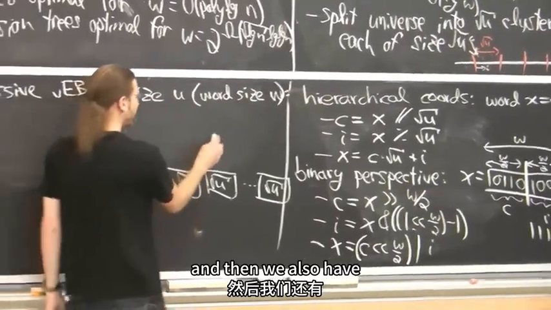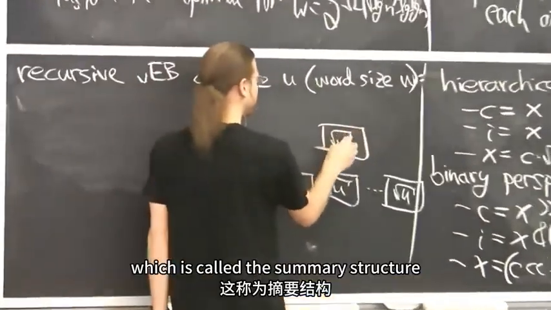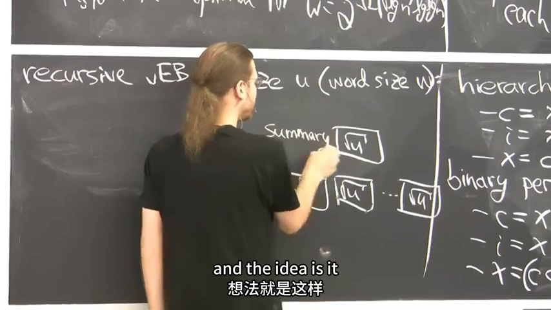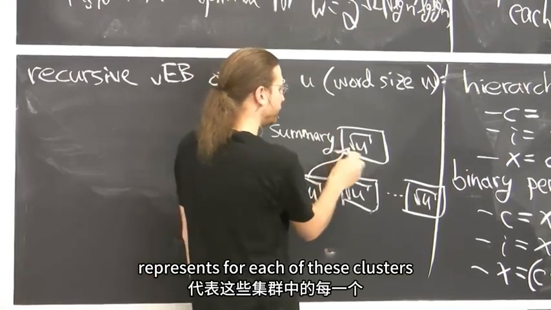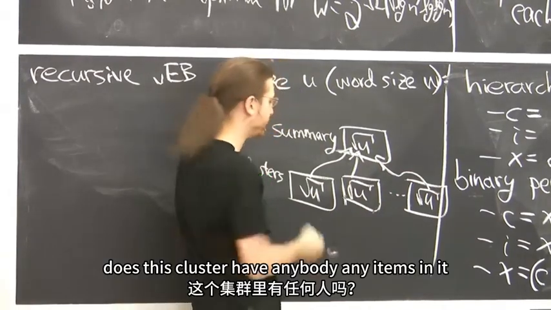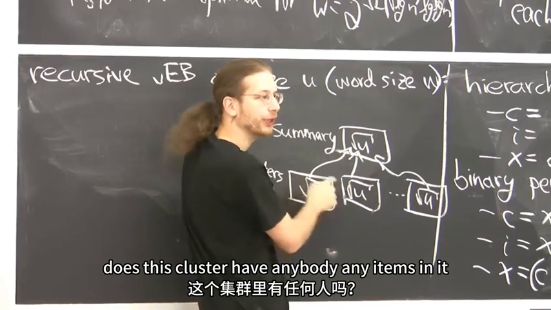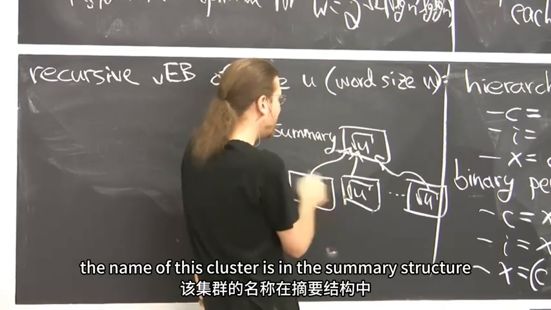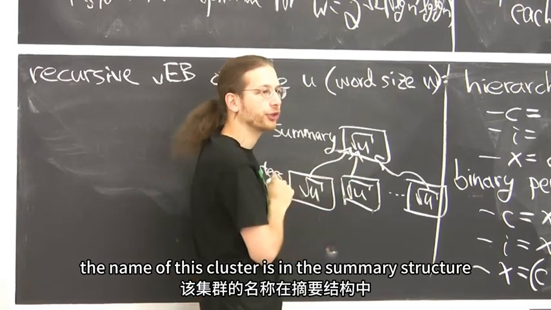And then we also have a structure up top, which is called the summary structure. The idea is it represents, for each of these clusters, is the cluster empty or not? Does this cluster have any items in it? Yes or no? If yes, then the name of this cluster is in the summary structure.